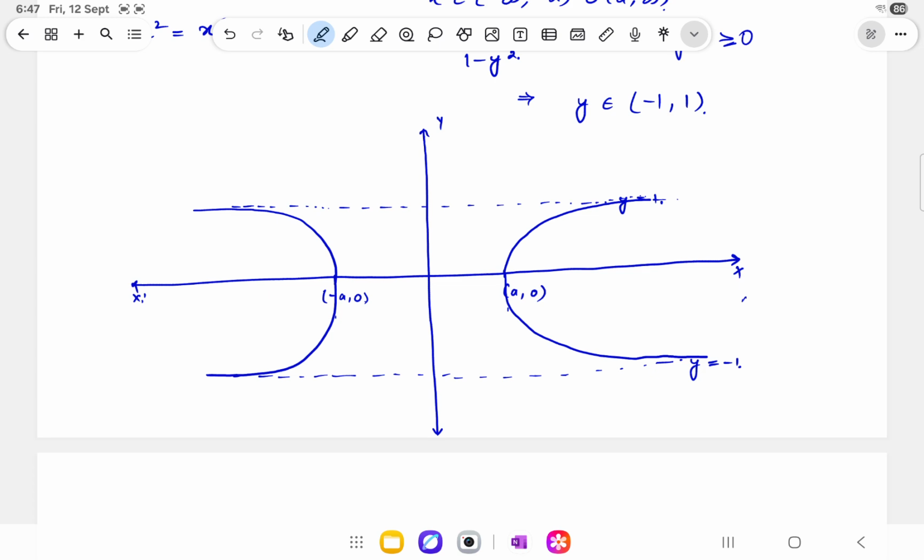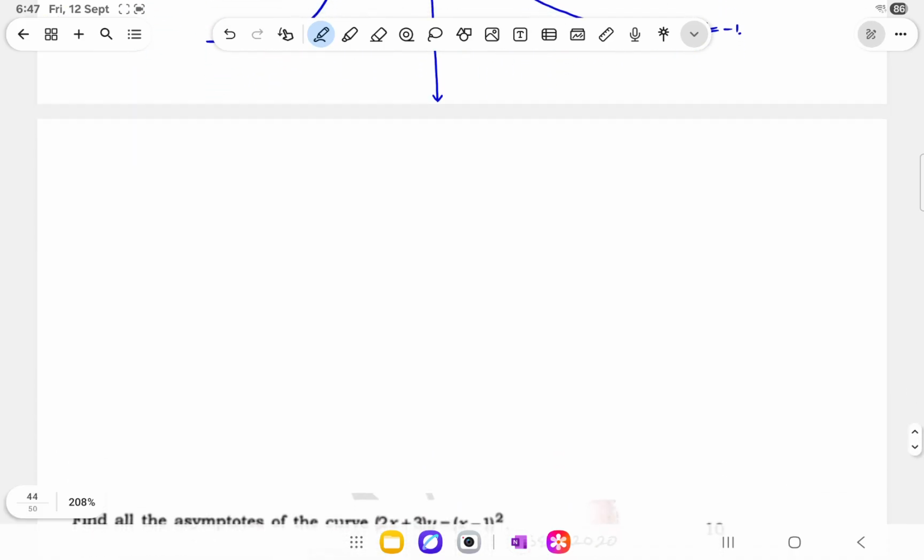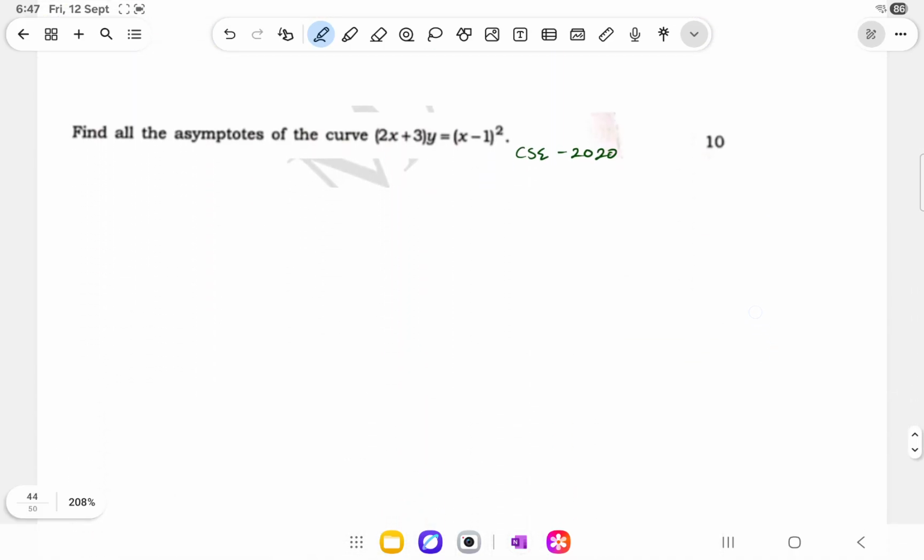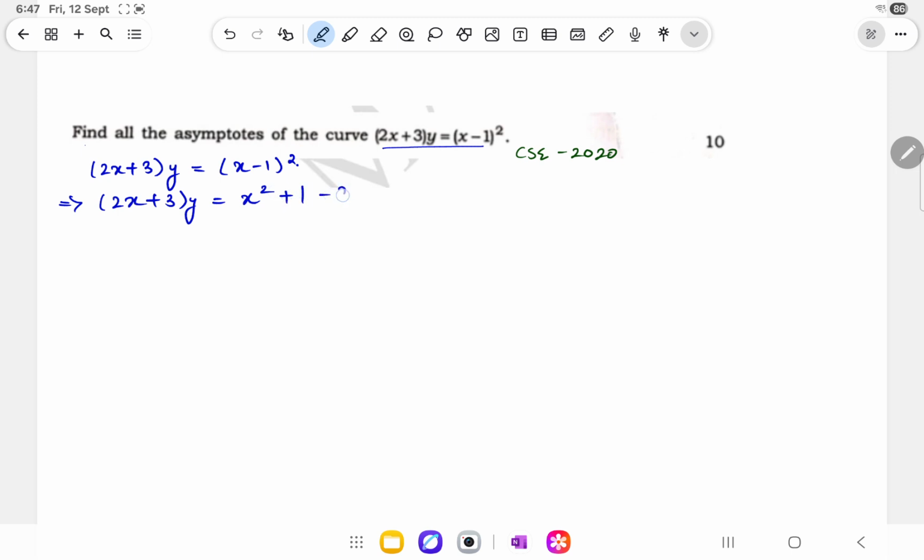So now let's move on to the next question. The next question says find all the asymptotes of this curve. The curve given to us is (2x plus 3) into y equals (x minus 1) square. So if I simplify it, I'll be getting (2x plus 3) into y equals x square plus 1 minus 2x.